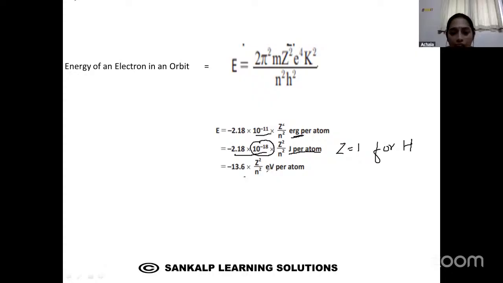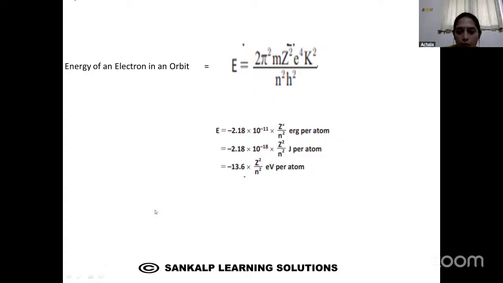If the energy is asked in terms of electron volt, then we have to substitute minus 13.6 as the constant. Minus 13.6 into Z square by n square. This is the constant value we have to substitute. These are the formulas to find out energy in terms of erg, electron volt, and joules.